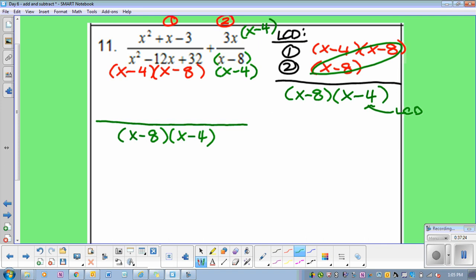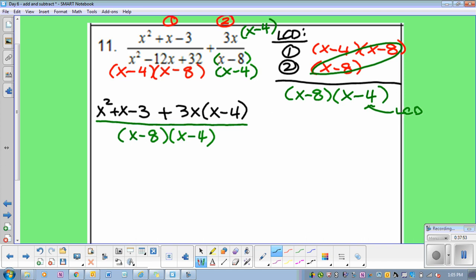All right, and this is the reason why we don't factor the top. Everything up on top. The first one didn't change, so we have x squared plus x minus 3. What's the operation here? Plus 3x times x minus 4, which translates to 3x squared minus 12x.